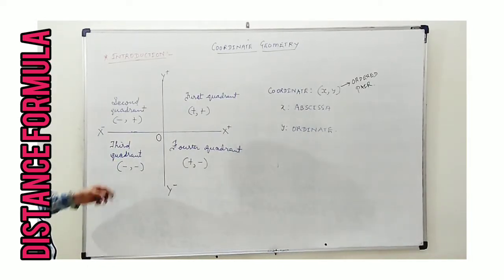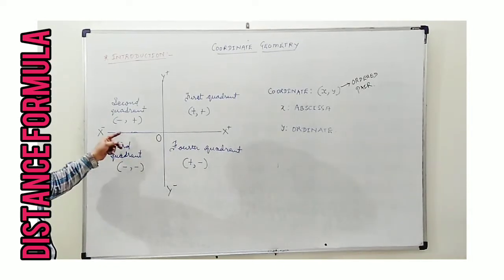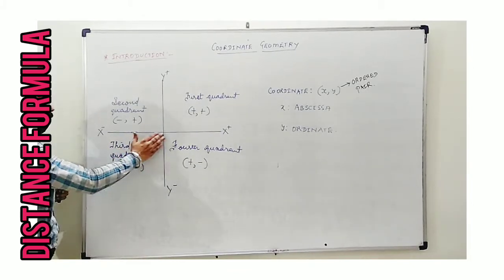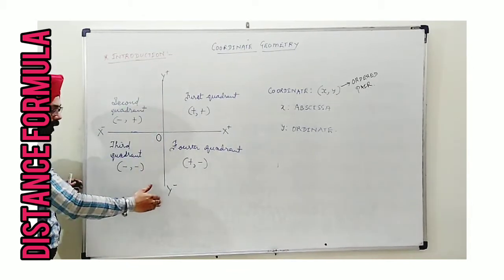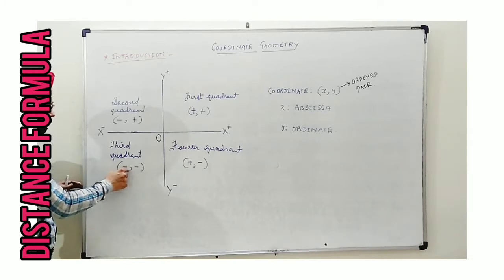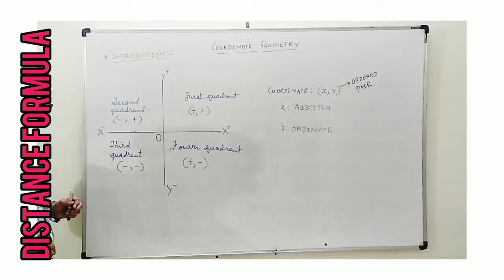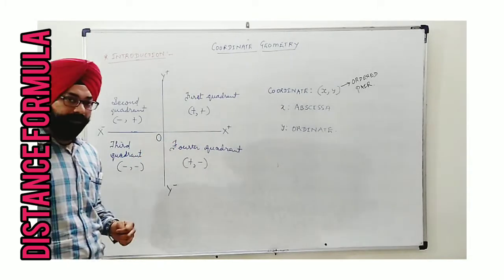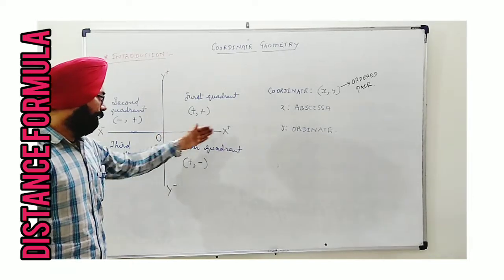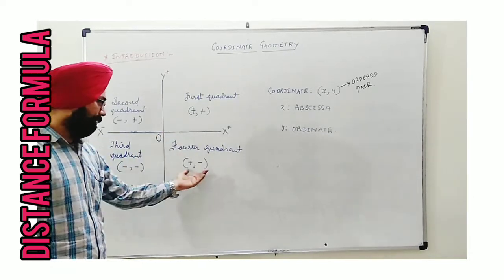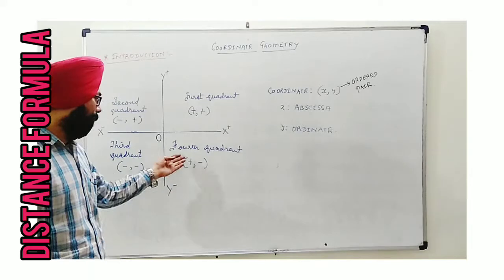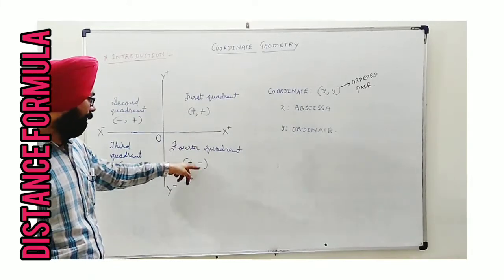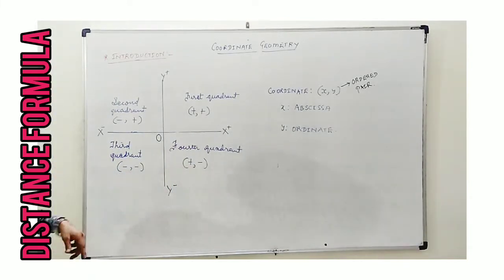Third quadrant, as both are negative here, this third quadrant is surrounded by negative x-axis, negative y-axis. That's why minus minus is the sign convention for third quadrant. Now for fourth quadrant, as you see, positive x-axis and negative y-axis surround the fourth quadrant. That's why plus first for x-axis and a minus for y-axis. So plus minus is the sign convention.